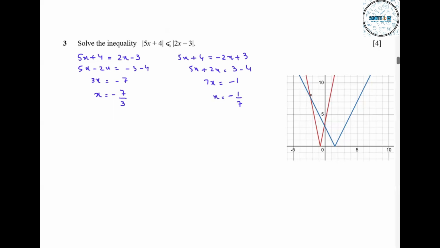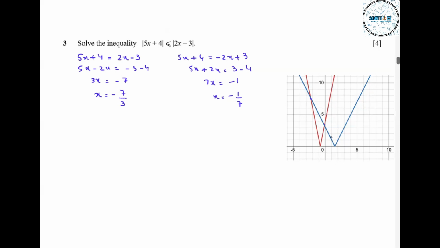These are the values where these two graphs intersect each other, right? So, these are the points. This is minus 1 upon 7 and this is minus 7 upon 3. Now, we have to consider the part where 5x plus 4 is lesser than 2x minus 3.